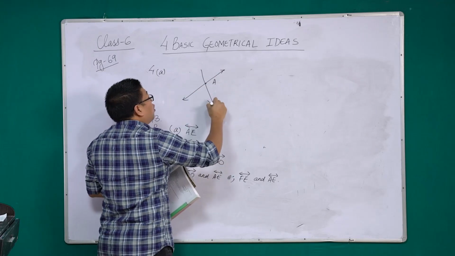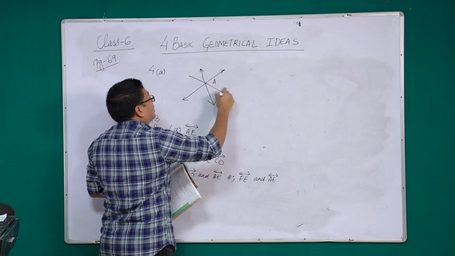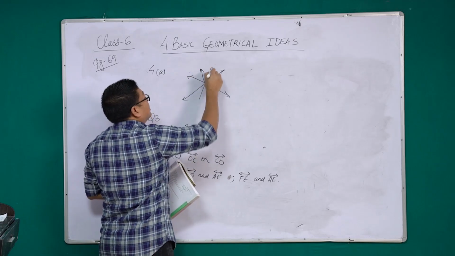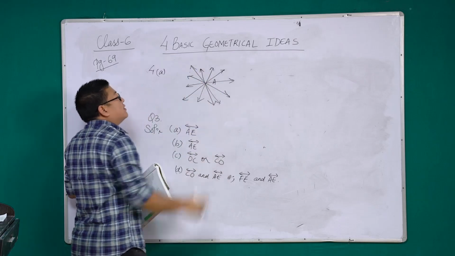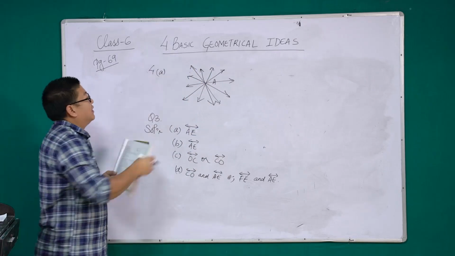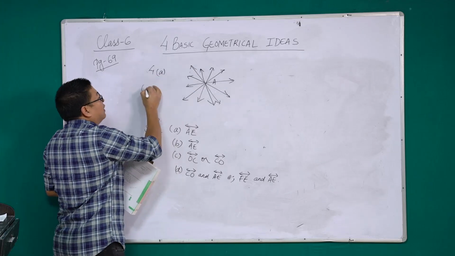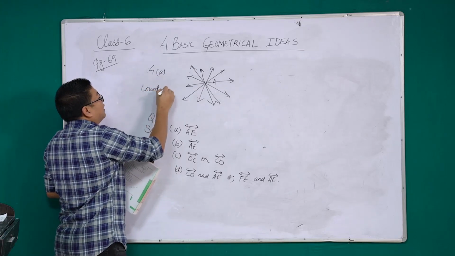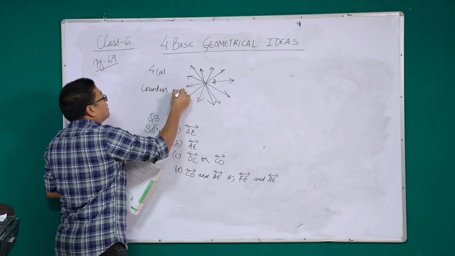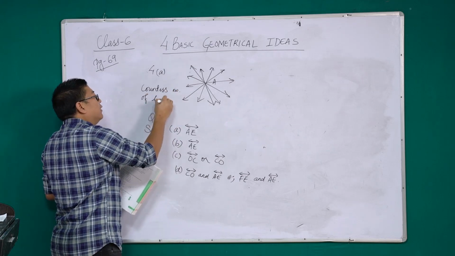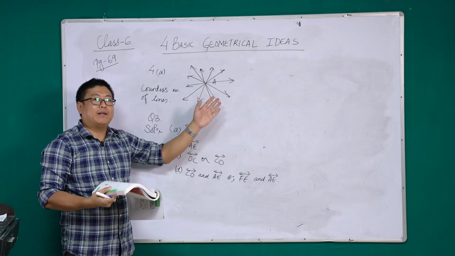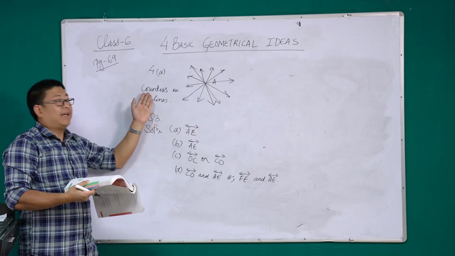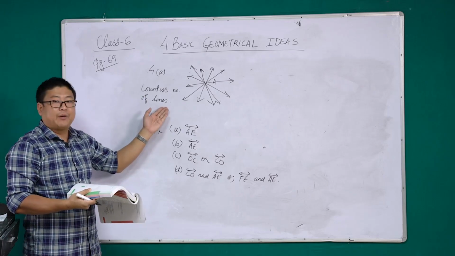See, so many lines can pass through this point. That means you keep drawing, it will still continue. Countless number of lines can pass through this point, infinite number. So in short, let's say countless numbers of lines, okay?